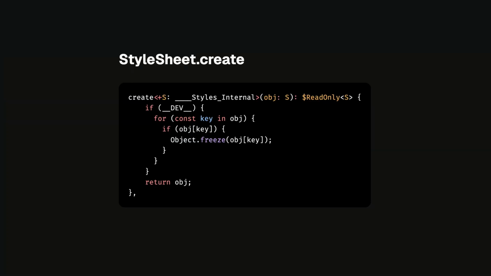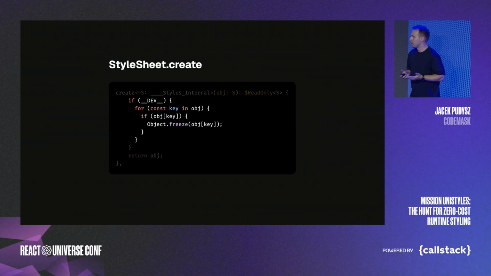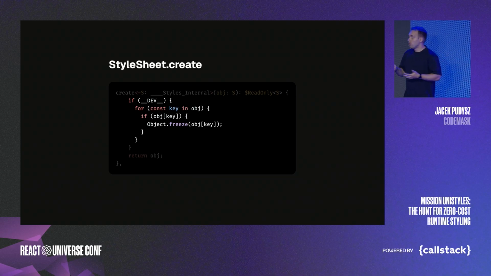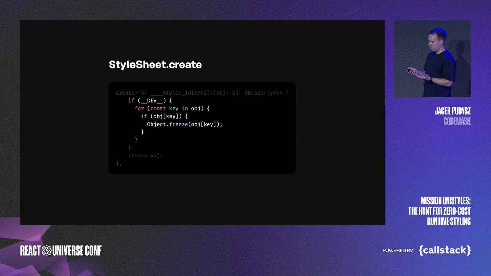But if you go inside StyleSheet create, this is actually Flow code, so it may look a little bit different than TypeScript. But for the dev path, when you build your app, we will iterate over all your keys like box and freeze them. What does it mean? Well, we will make them immutable.